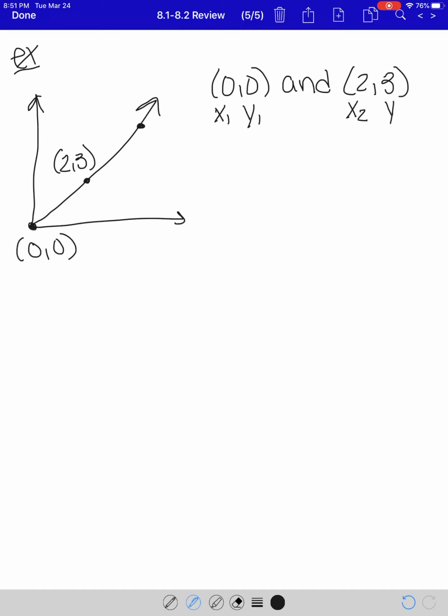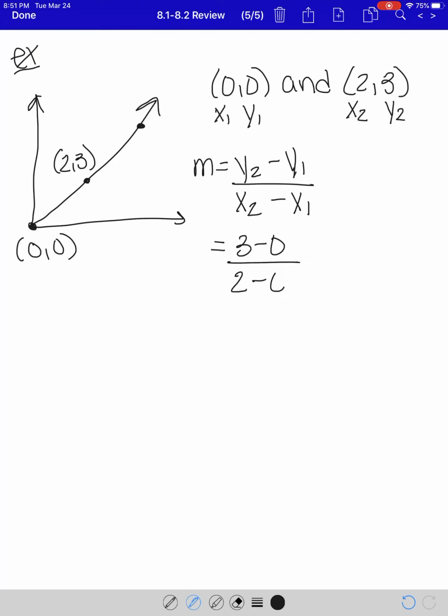So again, I'm going to label. I'm going to write my equation. And then I'm going to plug it in. 3 minus 0 over 2 minus 0. 3 minus 0 is 3. 2 minus 0 is 2. So 3/2 is my slope.